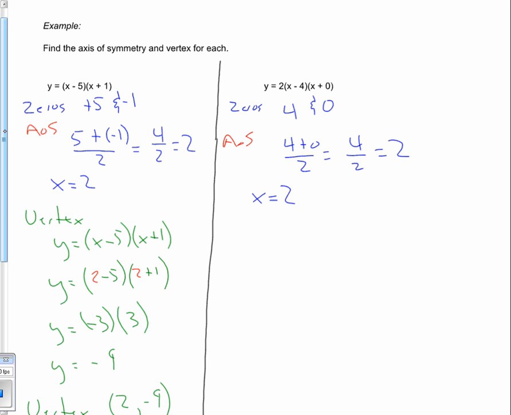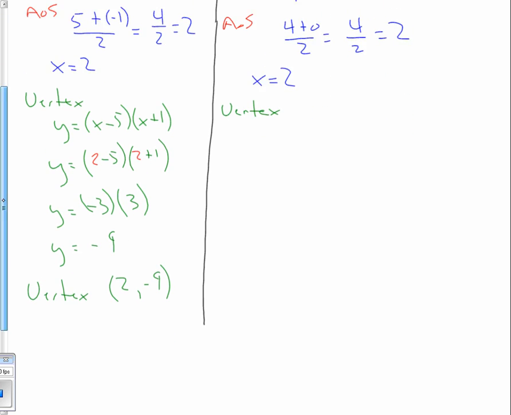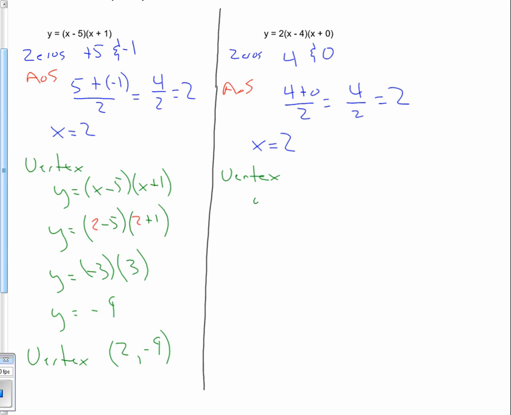Now we're going to figure out the vertex. We can determine the vertex by taking the original equation, y is equal to 2(x - 4)(x + 0), and substituting in my found value of x, which is 2. So y is equal to 2(2 - 4)(2 + 0).